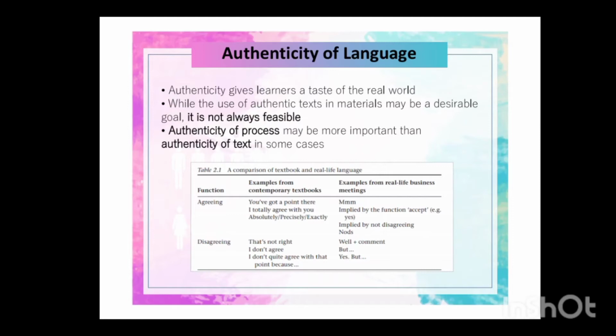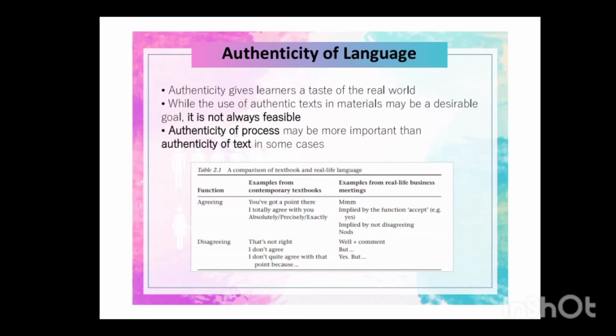And in this case, the writer of this article believed that authenticity of process may be more important. So we cannot put aside our focus on authenticity of text, but we can change our focus. We can focus more on authenticity of process.